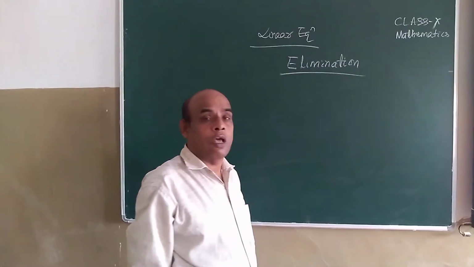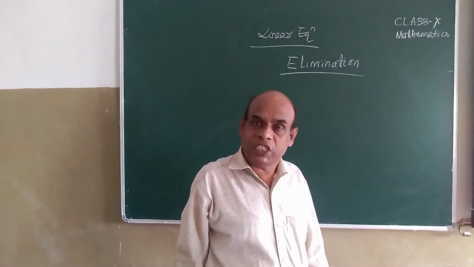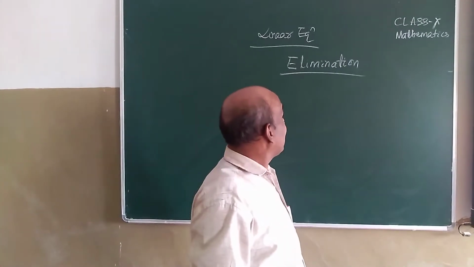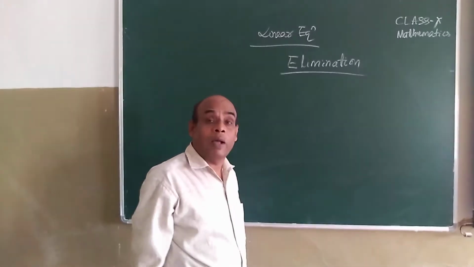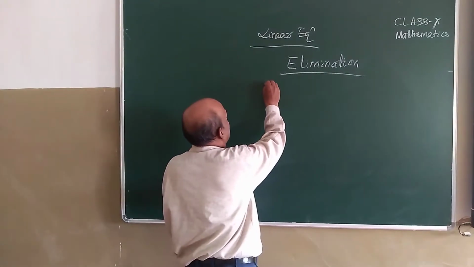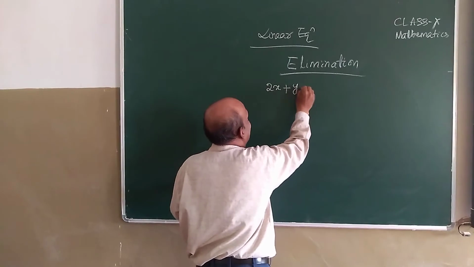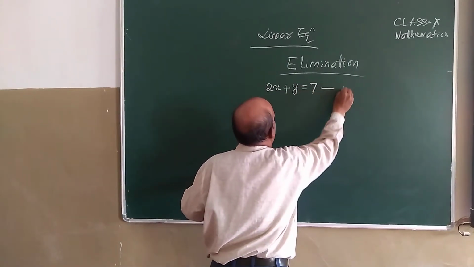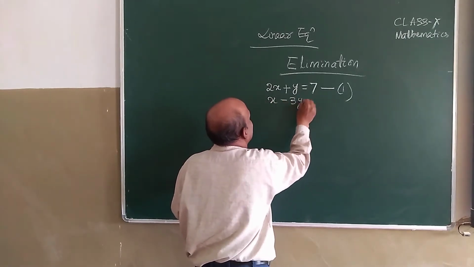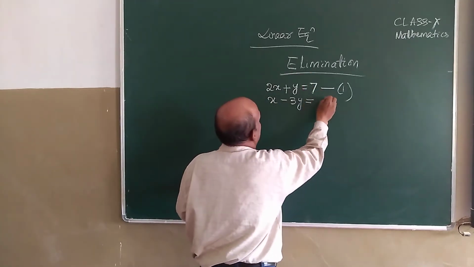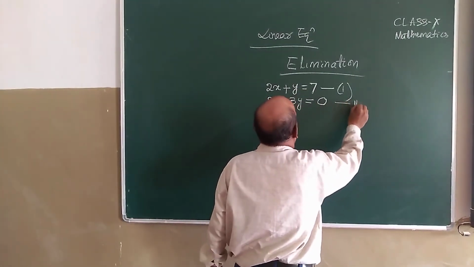So you have to solve the pair of linear equations by using the elimination method. Now you see how I am solving. Suppose the equations are: 2x plus y is equal to 7, equation number 1, and x minus 3y is equal to 0, the second equation.